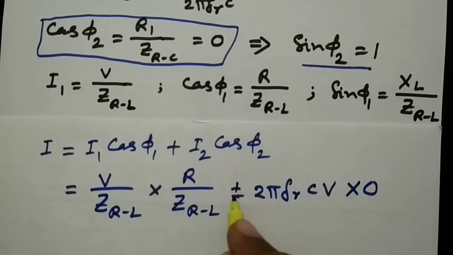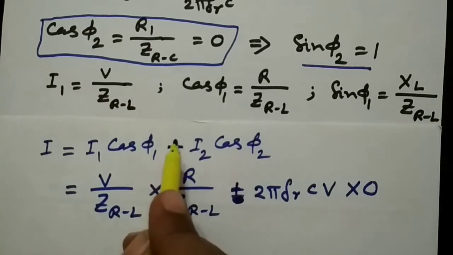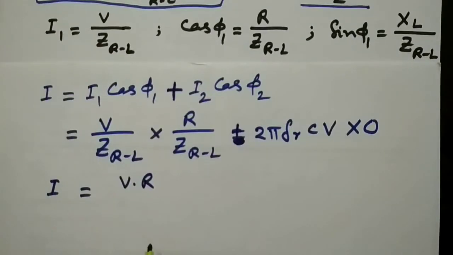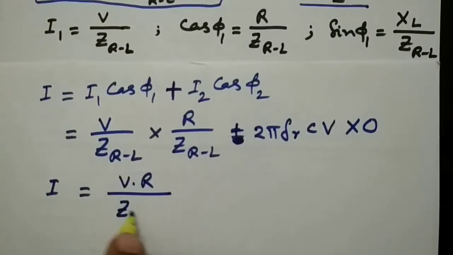It should be plus, because it is I1 cos phi 1 plus I2 cos phi 2. Therefore, the value of I will be V into R upon Z of RL square.